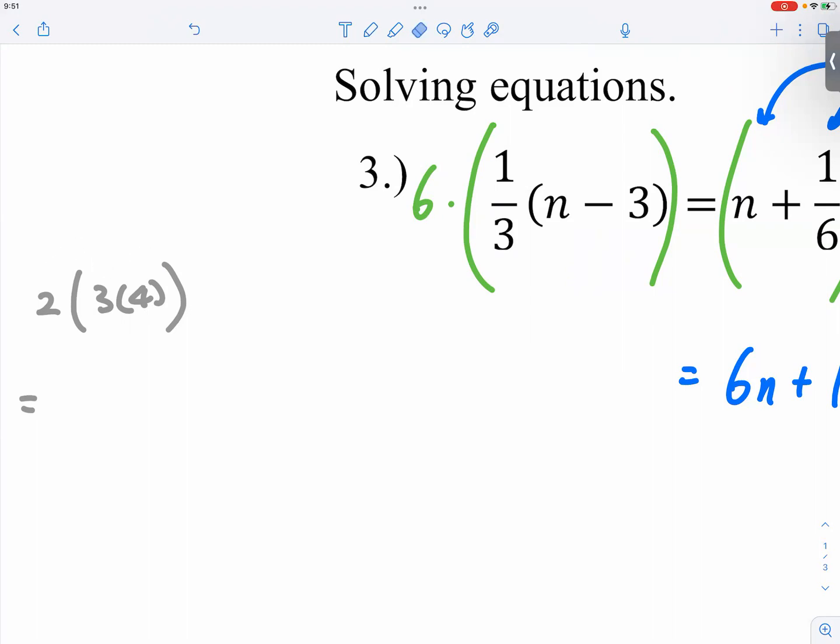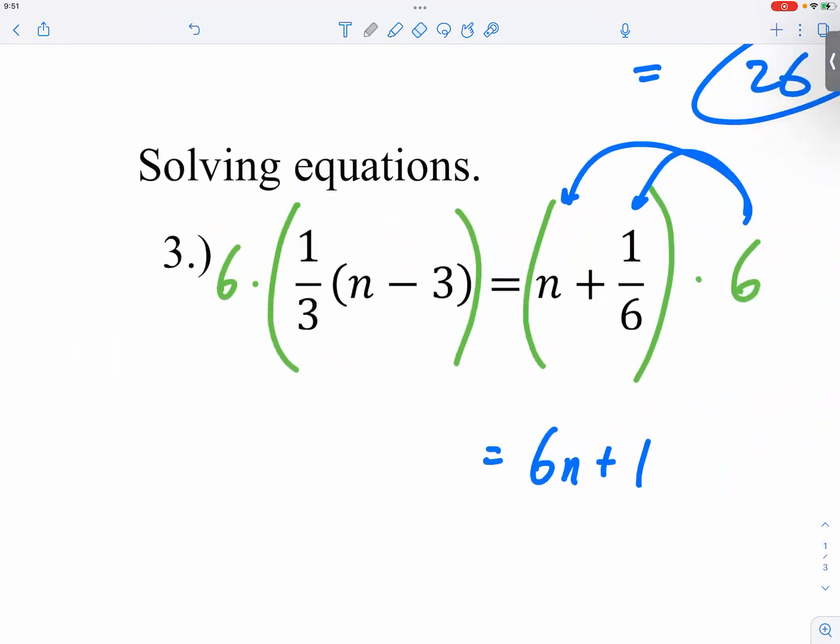So therefore, there's no distribution right here. Are we good? So we just say, oh, just pure multiplication. Just go from left to right. All right? Make it simple. Left to right. Simple. Why am I saying this to you? Should we distribute a 6? It's tempting, but no, because we're just multiplying.